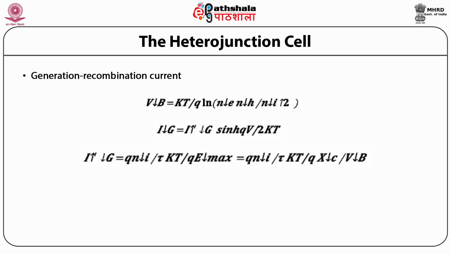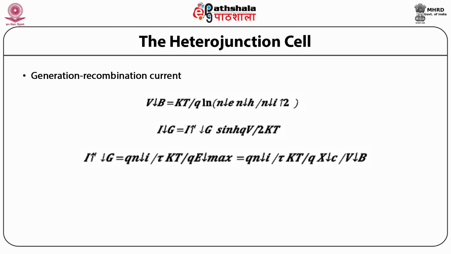For a single deep level recombination center, Ig prime can be written as Ig prime equal to Q ni by tau, kT by Q Emax.